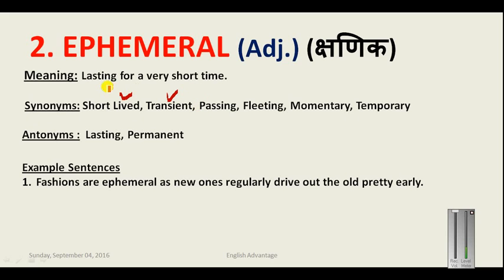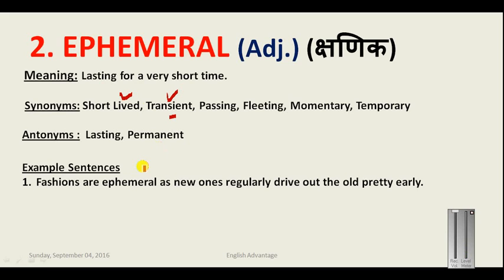You can see here, lasting for a very short time. So ephemeral means transient. This word is very important. Transient means momentary or short lived. And the antonym for this word will be lasting and permanent. Something that is lasting and something that is permanent is not ephemeral.